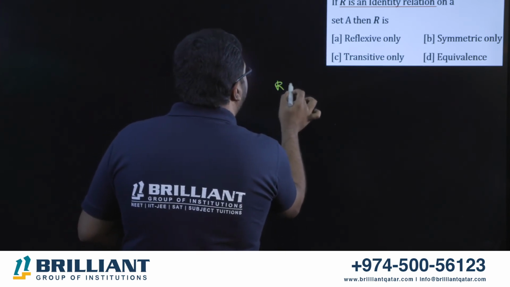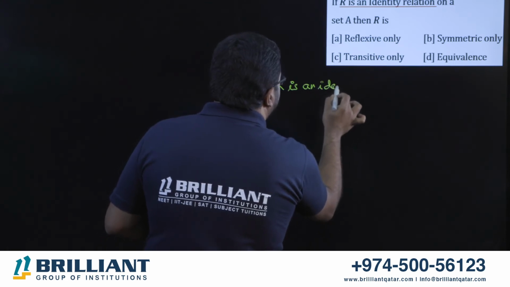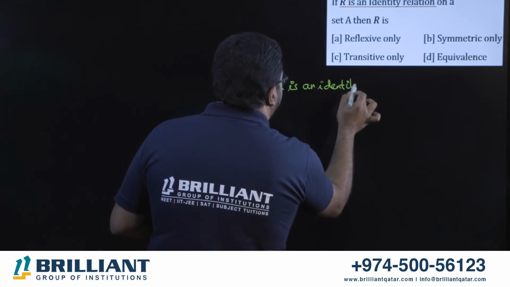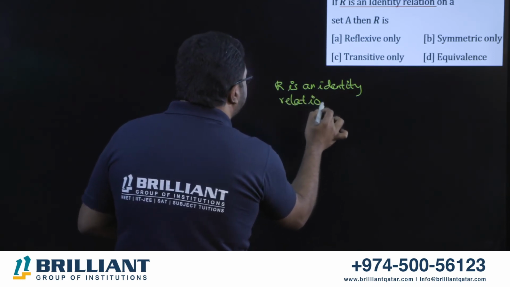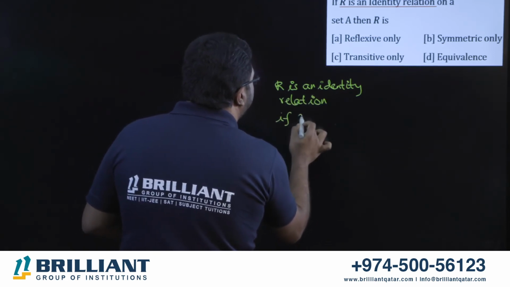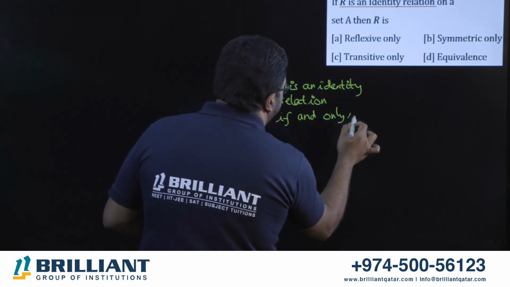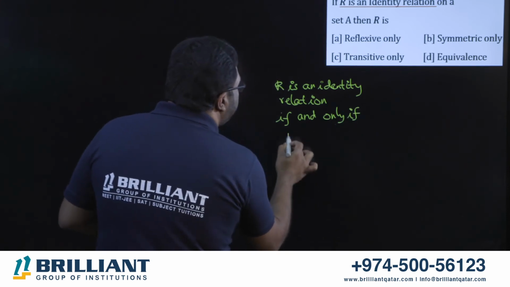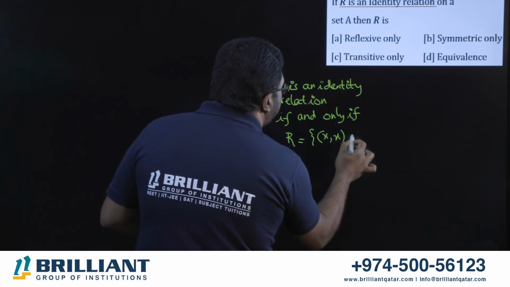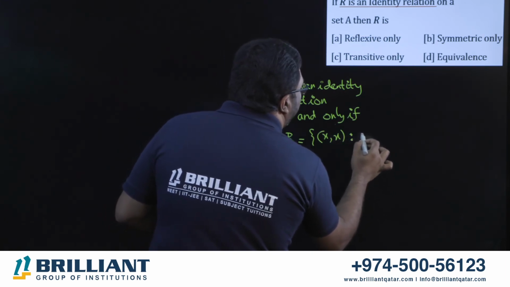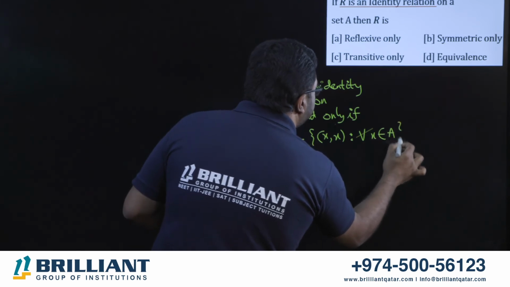R is an identity relation if and only if R is equal to the set of ordered pairs x comma x such that for every x which belongs to the set A.